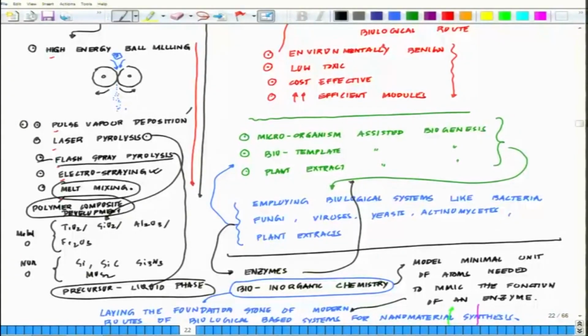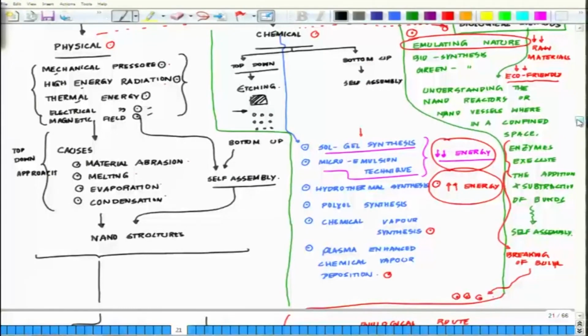So, overall, this is what we needed to understand about the physical methods of synthesis of nanomaterial, which find applications for high energy synthesis using physical forces, as I have already mentioned.